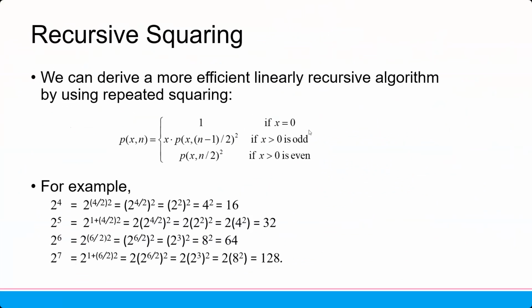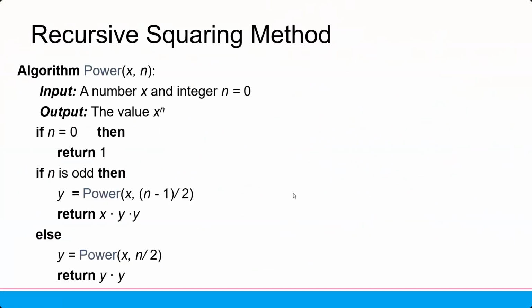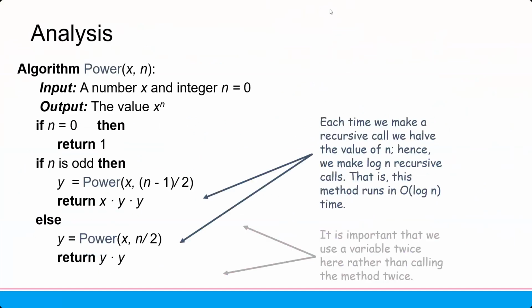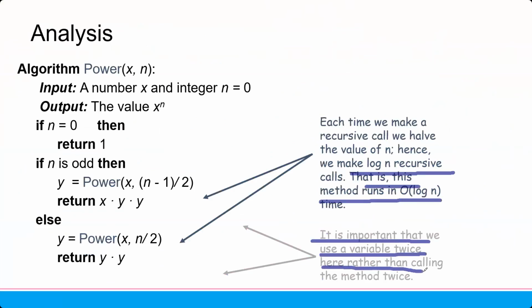But here we make it half, so we can make log n recursive calls, not n. Thus, this method runs in O(log n) time. It is important that we use a variable twice here rather than calling the method twice.